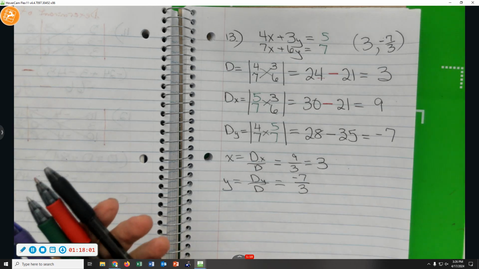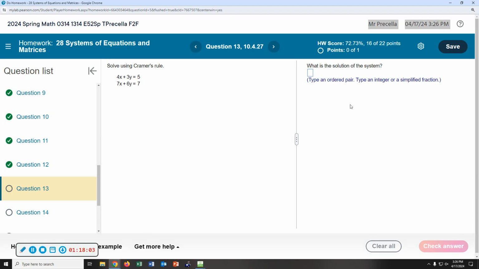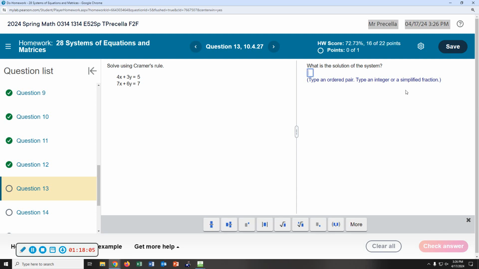Okay, type in the answer. It is 3, comma, negative 7 thirds. Make sure you don't put the parentheses right there.